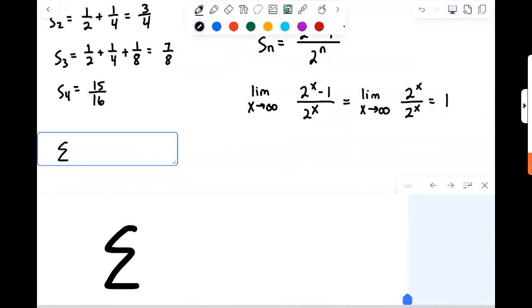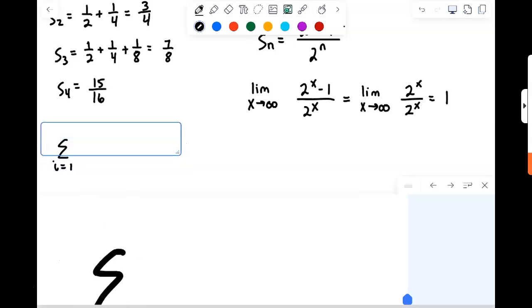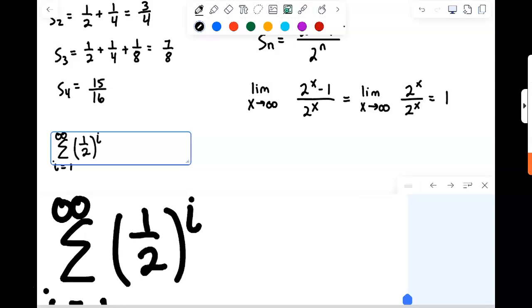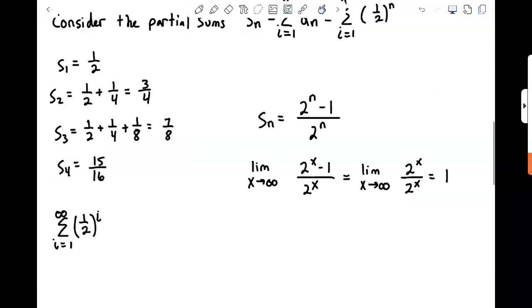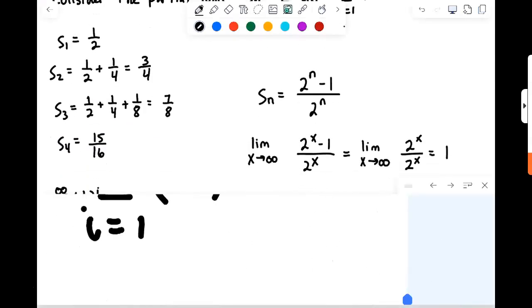So therefore, the infinite series, as i goes from 1 to infinity, of 1/2 raised to the i power, that sum there is equal to 1.